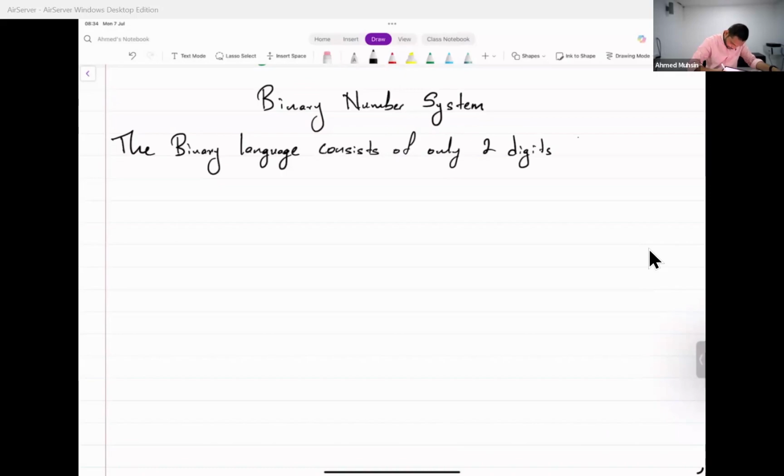What are those two? 0 and 1. Okay. Sounds good. You need to remember this fact, okay? Because the entire binary number system is based on the 0 and 1. Okay, the entire binary number system is based on zeros and ones.